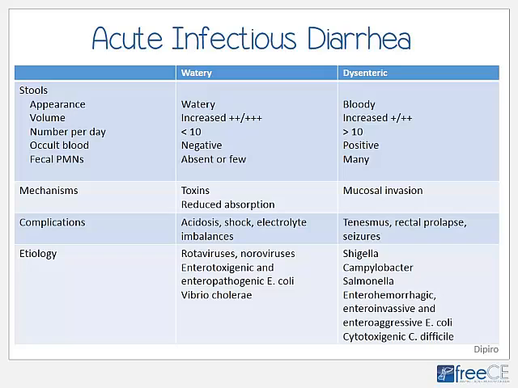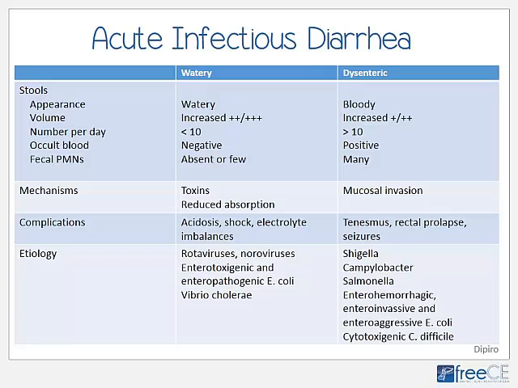So when we talk about watery diarrhea, appearance is generally watery, which sort of makes sense. The volume is significantly increased, so more volume generally than in dysenteric diarrhea. The number per day is usually less than 10 for watery diarrhea.